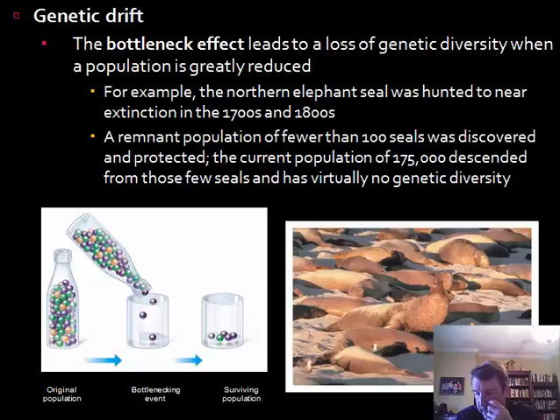Another specific example of genetic drift is called the bottleneck effect. The bottleneck effect is when individuals in a population die or are lost to the population for one reason or another, generally some kind of disaster, like a forest fire or overhunting, that causes a bunch of the individuals to die.